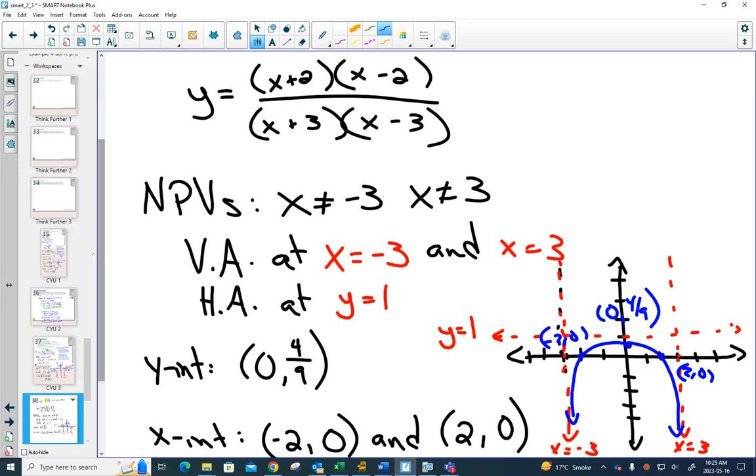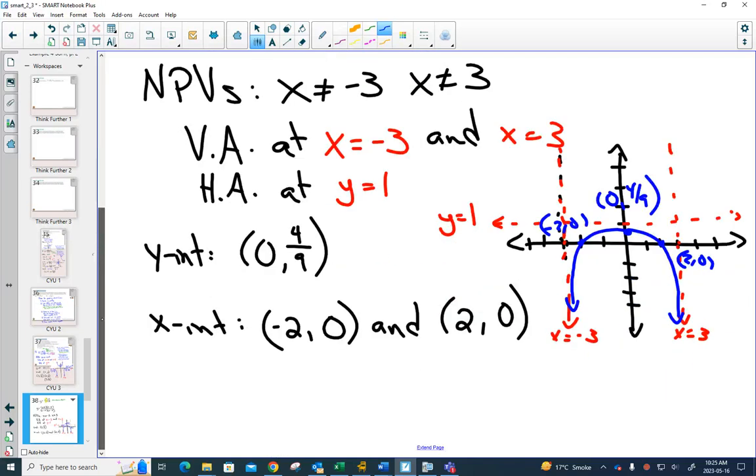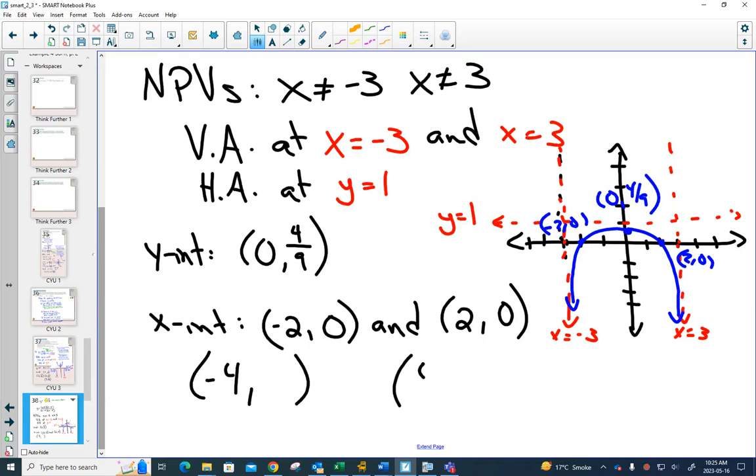What we don't have is points in the section when x is less than -3, and a point in the section when x is bigger than 3. So we make those our next nice points. I will choose -4 comma something and +4 comma something.